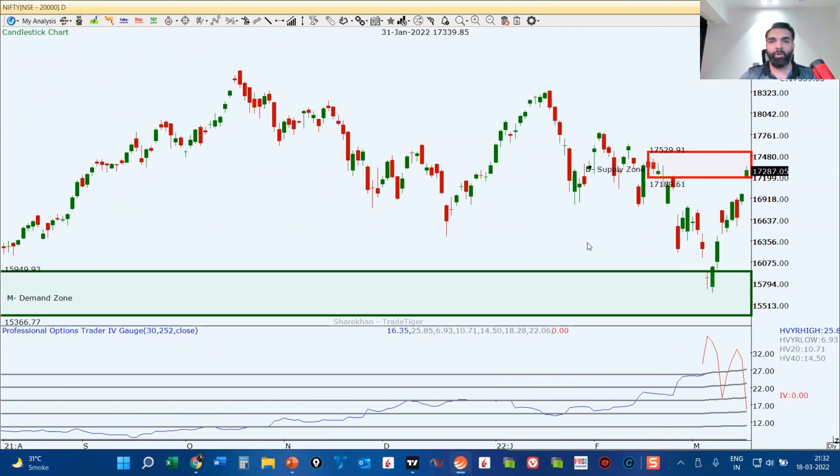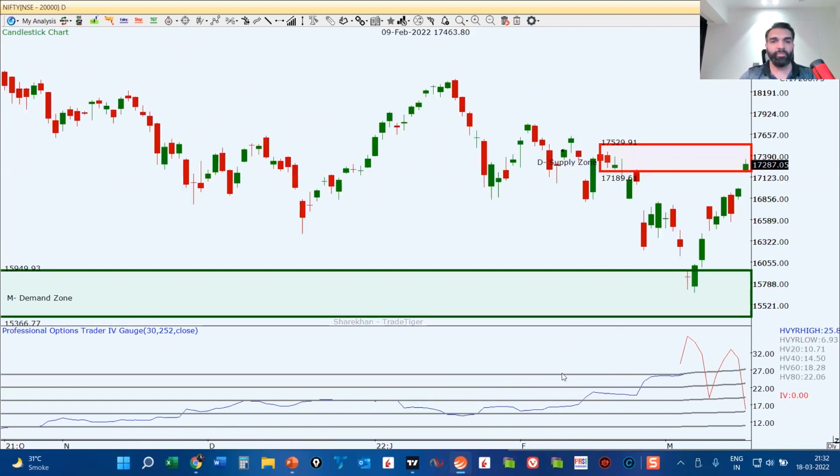And if you look at the bottom of this chart, we have the volatility analysis. So this is basically plotting the options implied volatility on the chart. And the volatility, since the time the election news was out and since the time many other things were going on, has considerably dropped.